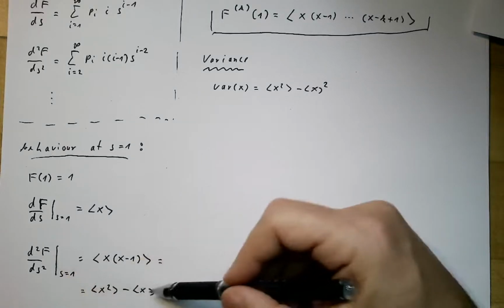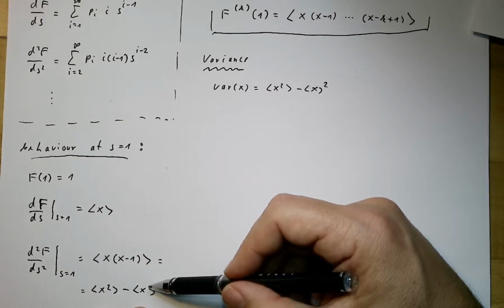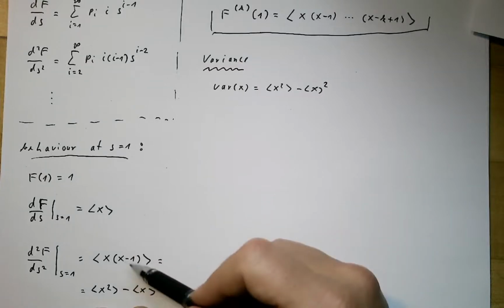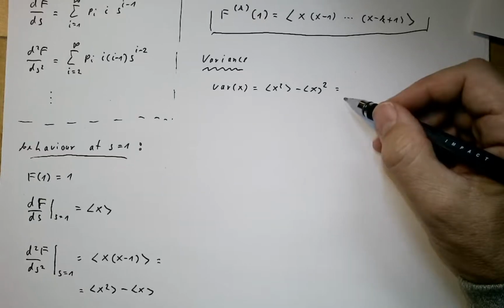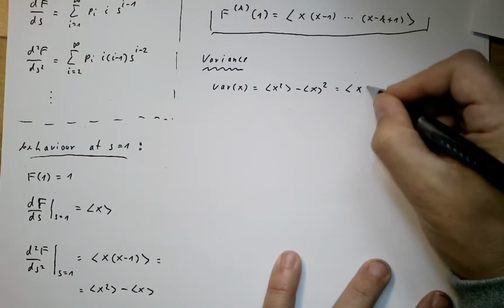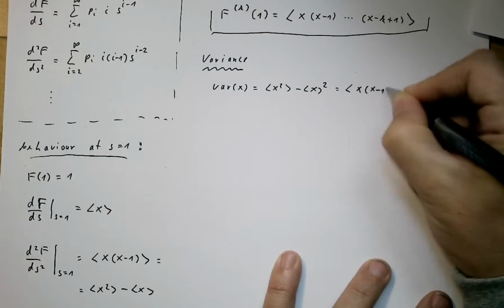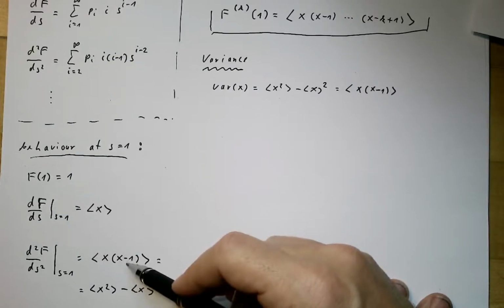Our generating function gives us this, and you can see it directly, and we can write this as the expectation of x times x minus 1, because this is what we get from the generating function.